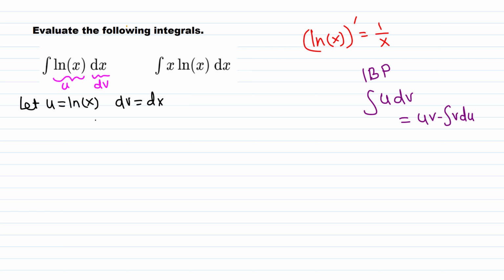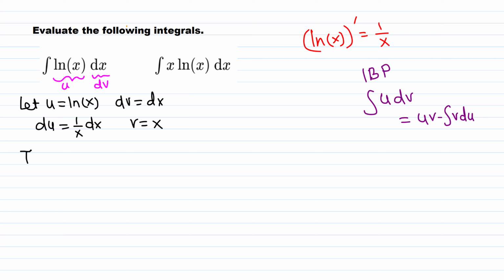In this formula we need to find du. The derivative of u with respect to x is 1 over x, and I'm going to write dx on the other side. Integrate both sides, so dv equals 1 dx, and that's v equals x.